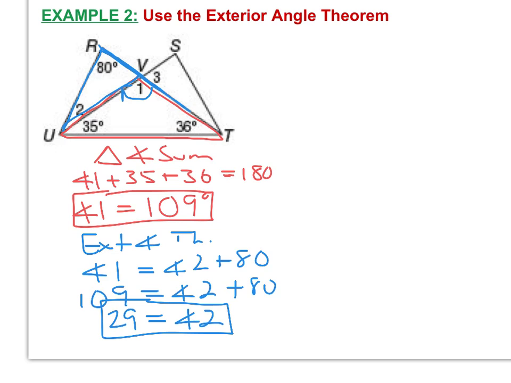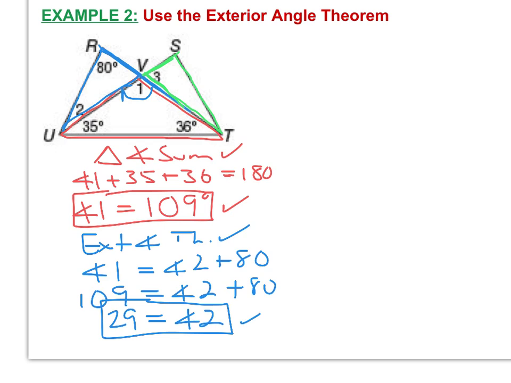So we're giving a reason to find each angle measure, and showing work in between. Now we have to find angle 3. Angle 3 is an interior angle to VST, this green triangle.